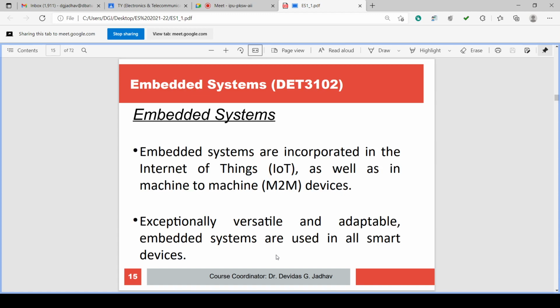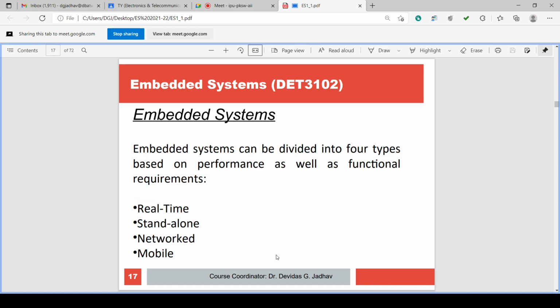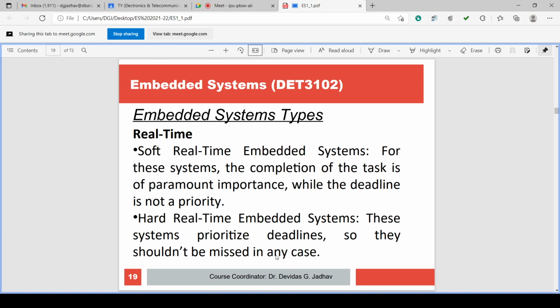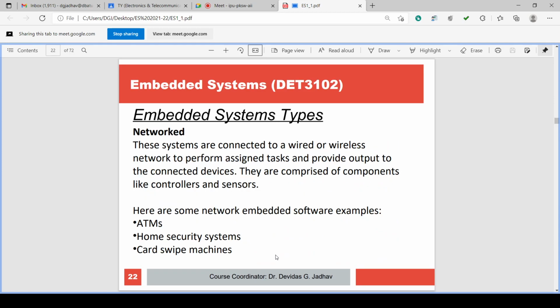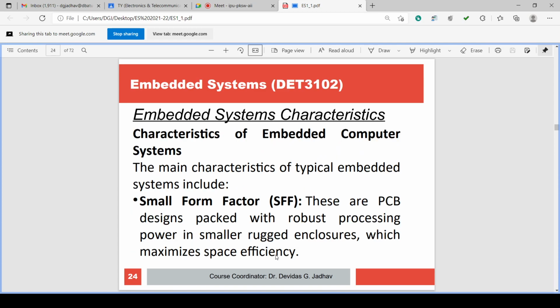The embedded system application block diagram we have seen, and different applications again listed. The types of embedded system: real-time, standalone, network, mobile, which we have seen, then the subtypes like real-time, ARM details, and standalone, network and mobile with their examples, not applications, examples.